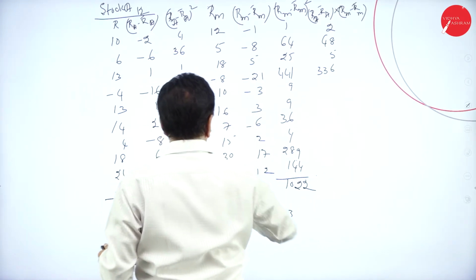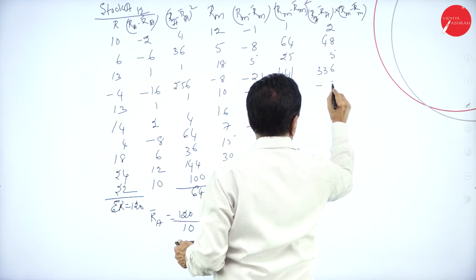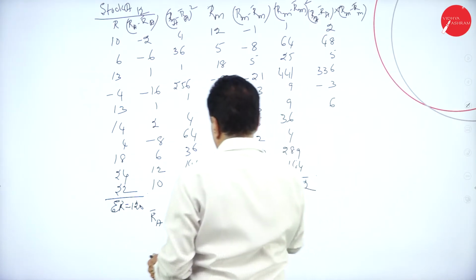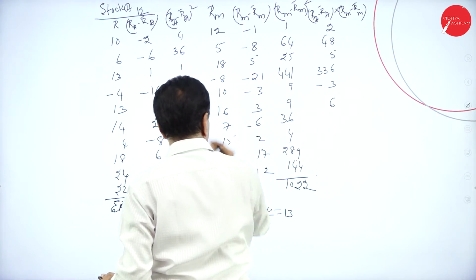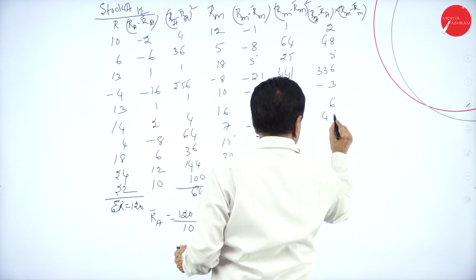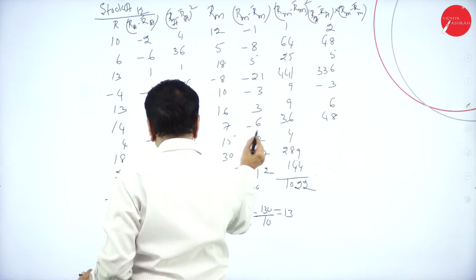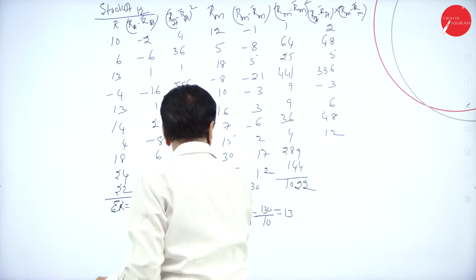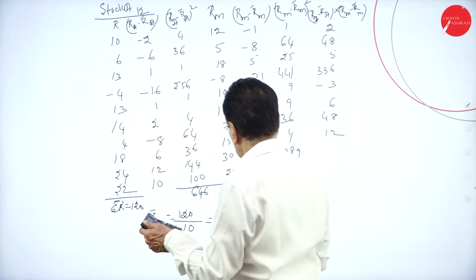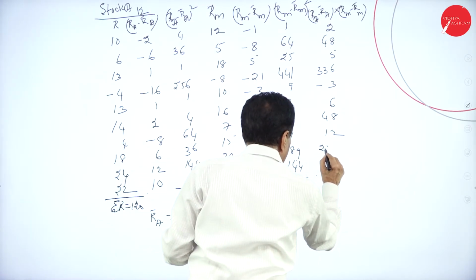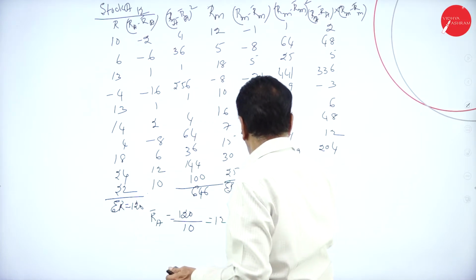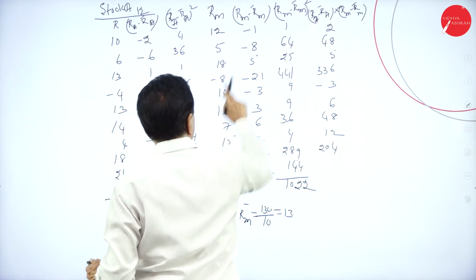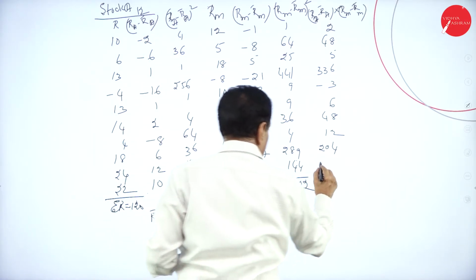Then 1 into 3 is minus 3. 2 into 3 is 6. 8 6s are 48. Minus into minus is plus. 6 2s are 12. 17 into 12 is 204. 12 into 10 is 120.